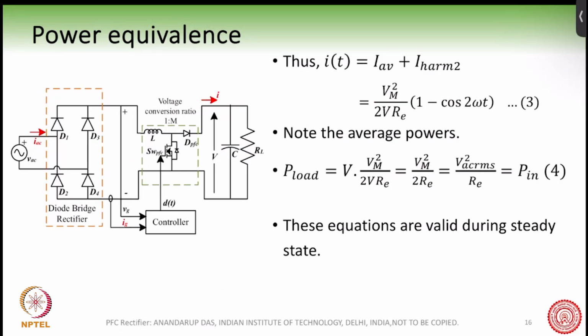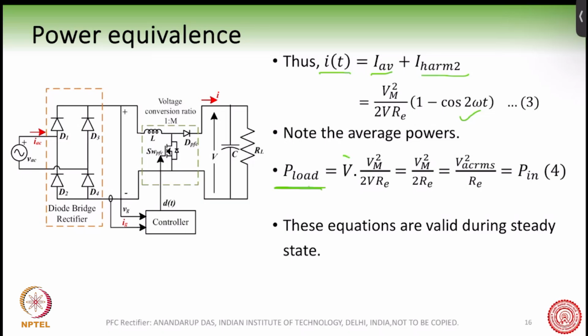Therefore, we can also say that IT has two components, I average and I harmonic second, which are given by these two expressions here. We should also note the average powers. We'll talk about instantaneous power a little bit later, but what is the average load power?